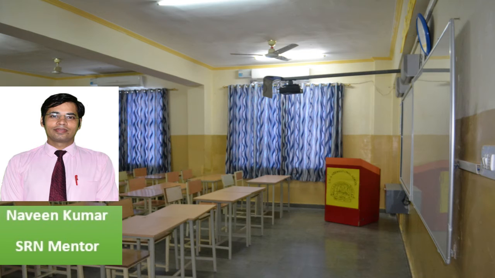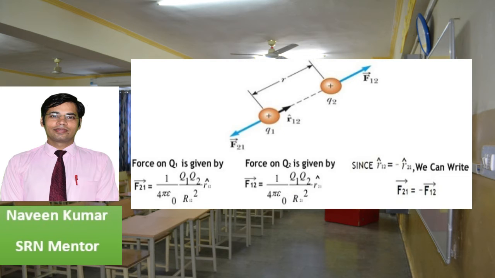That is, F21 equals the F21 magnitude multiplied with a unit vector, where this unit vector is the vector divided by its magnitude. Therefore, we can write F21 equals K Q1 Q2 divided by r squared multiplied with r vector divided by its magnitude.